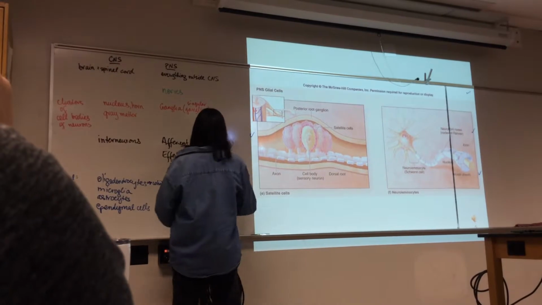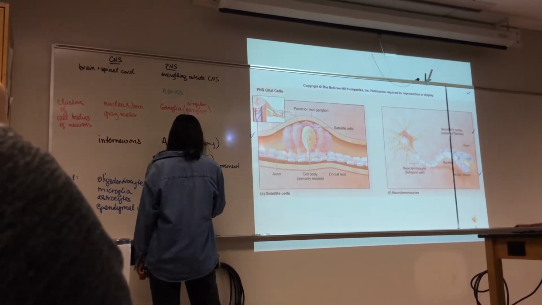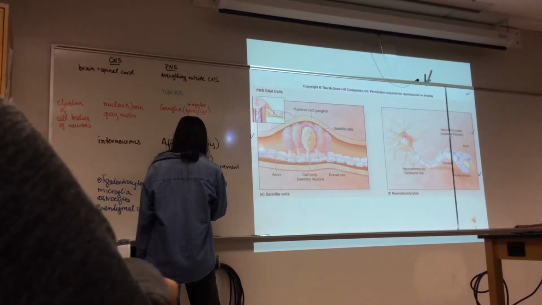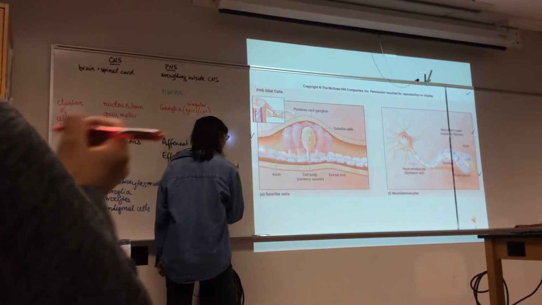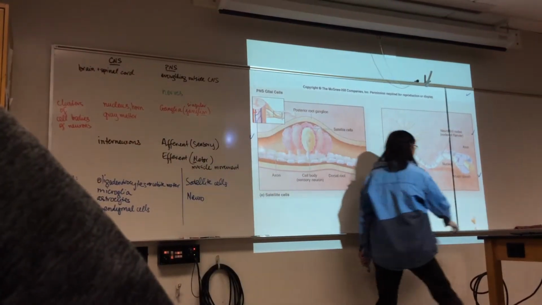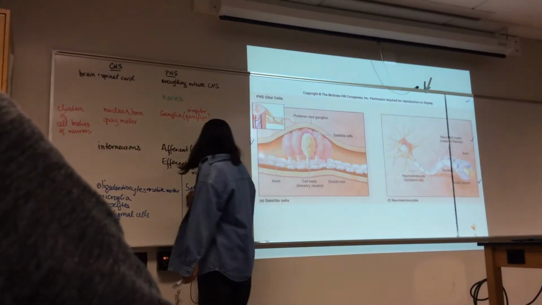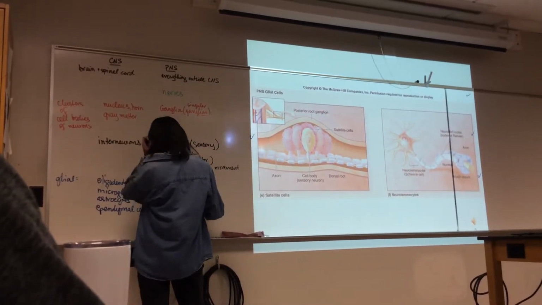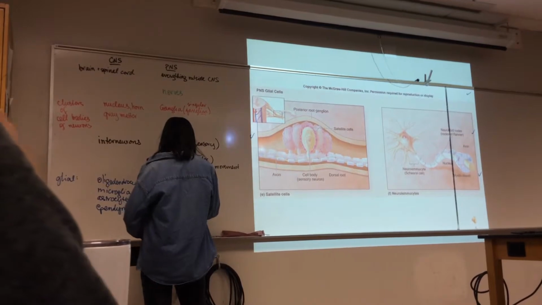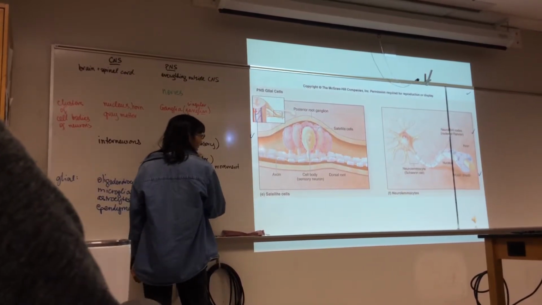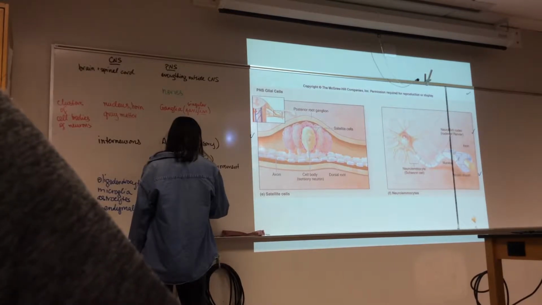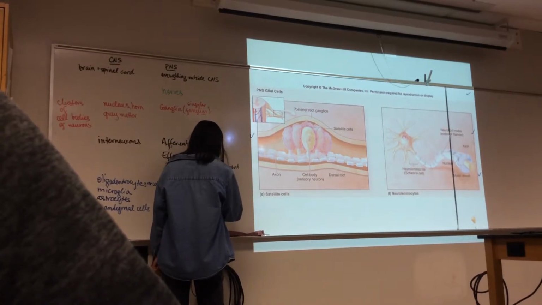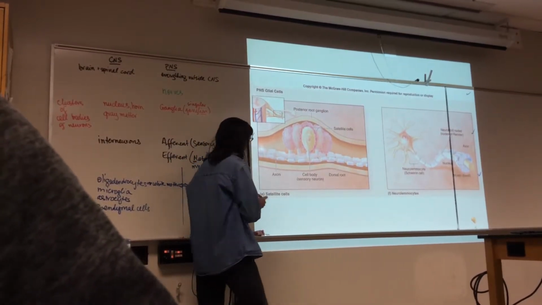Satellite cells and neurolemmocyte. Outside the brain and spinal cord, we also have glial cells. Aha, let's look at the picture.